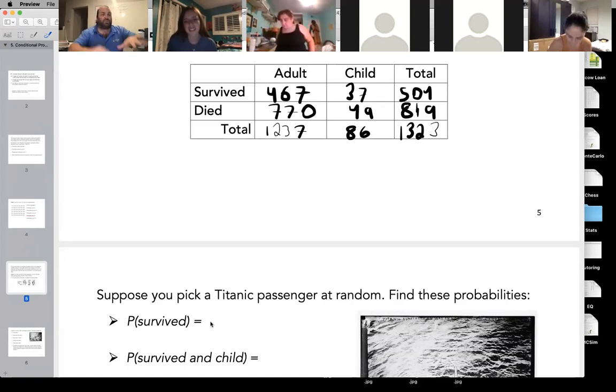Good. Because we're dealing with everything, I always like to start with the denominator because the denominator is always easier. The denominator is who am I considering? And the numerator is, of those under consideration, how many of them give me what I want? So when I say the probability of survived, I'm picking a person at random. There's 1323 that I could have picked from. How many of them survived?